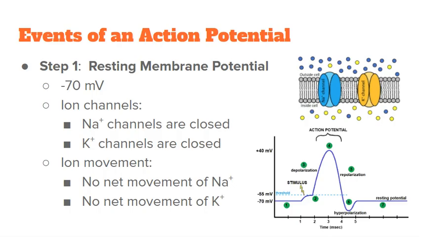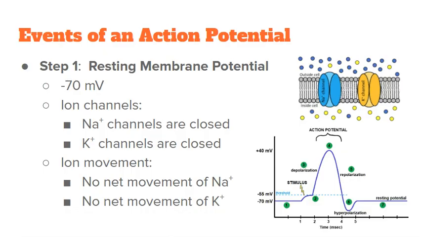That's just your resting membrane potential. It's just waiting around, doing its normal cell stuff. That's going to be negative 70 millivolts. What's happening with our ion channels? Well, our sodium channels are closed and our potassium channels are closed. Just remember, in the background, which we're not really focusing on right now, you always have those sodium-potassium pumps going all the time.